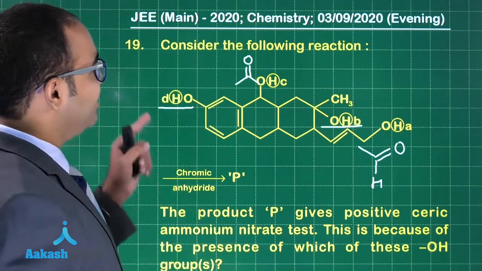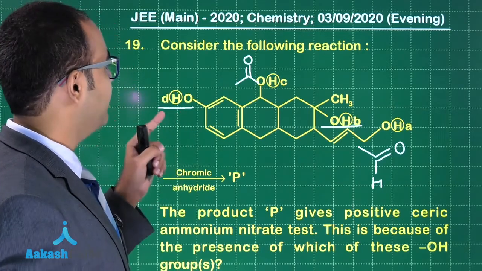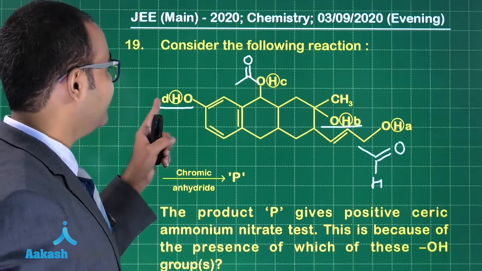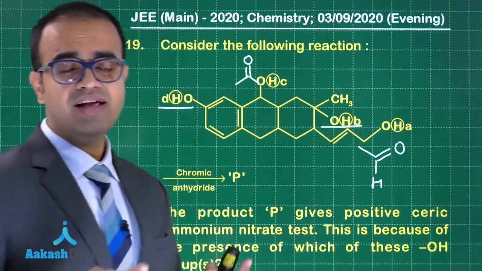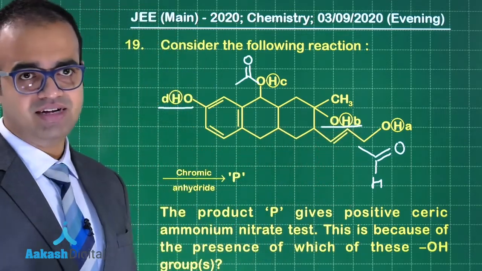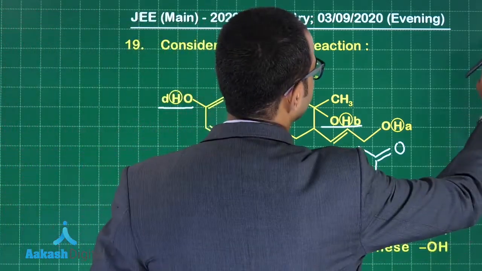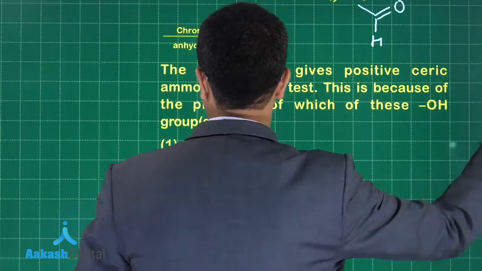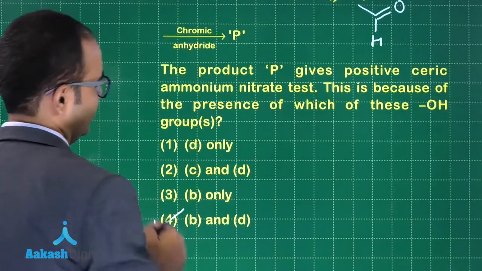So when you're adding ferric ammonium nitrate over here, what will happen? Your OH, that is D, and OH, that is B, will react with ferric ammonium nitrate. Hence your answer is option 4, guys.